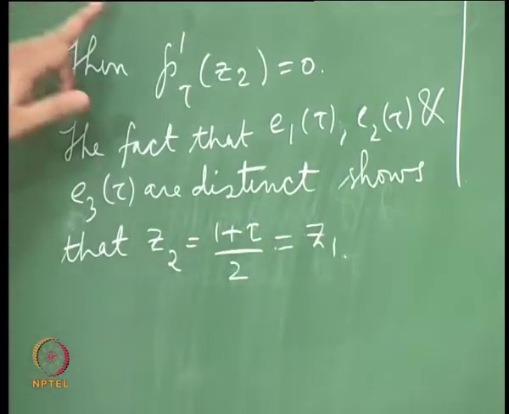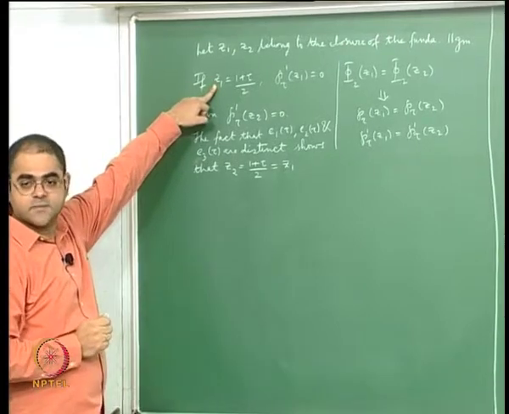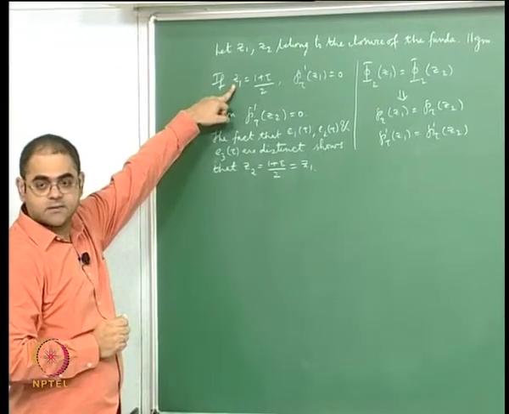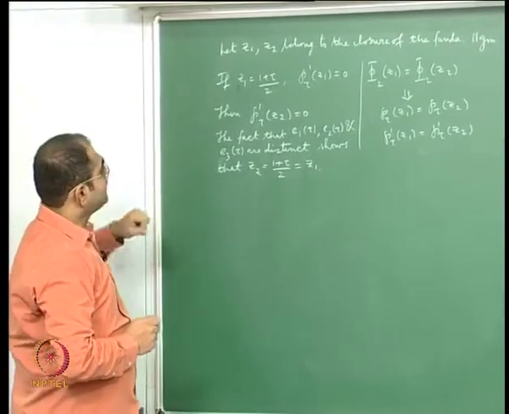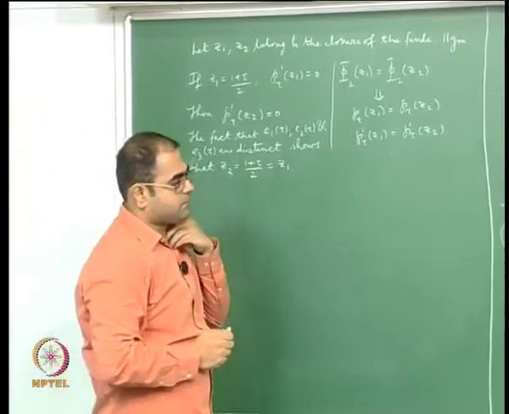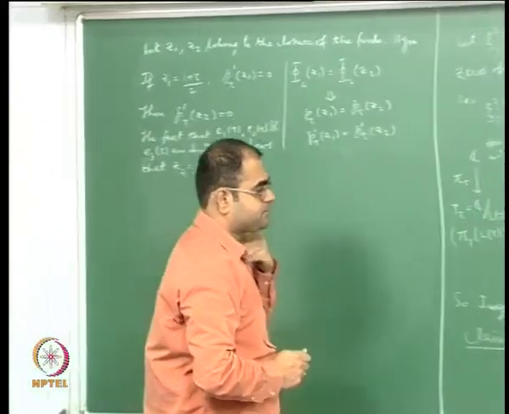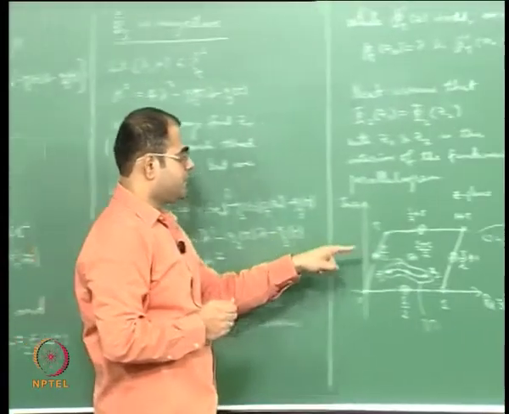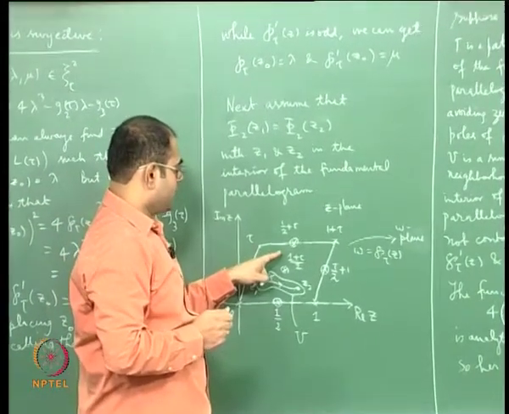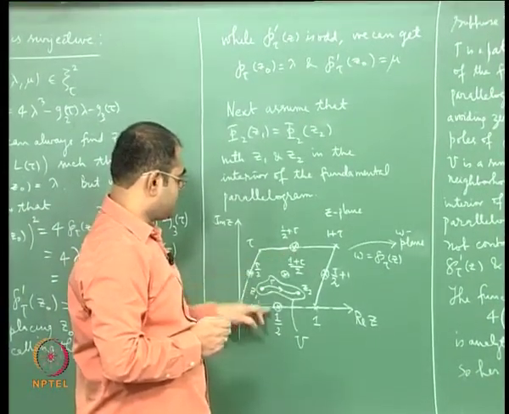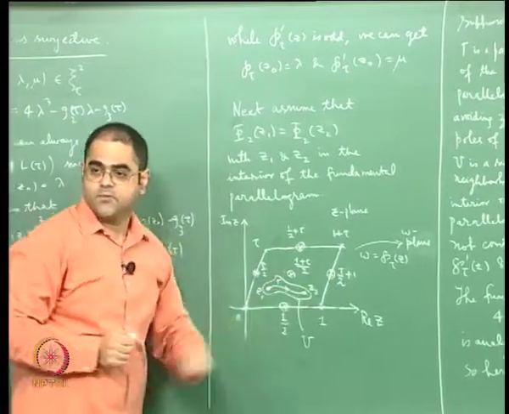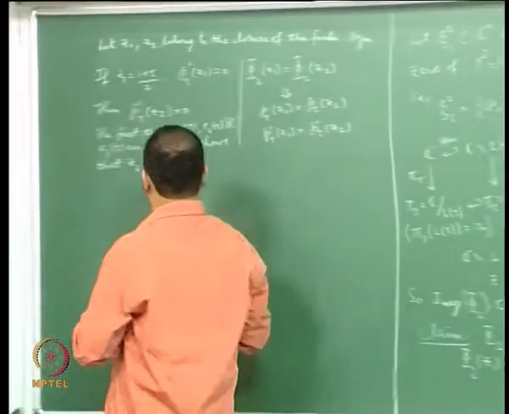So we have settled the case when one of them is the 0 at the center, and then we will also have to look at the case when z1 is one of these zeros on the boundary. So let's take that case.